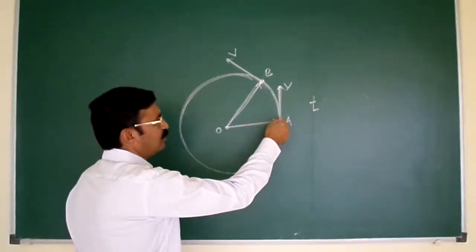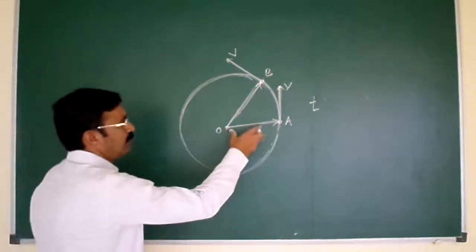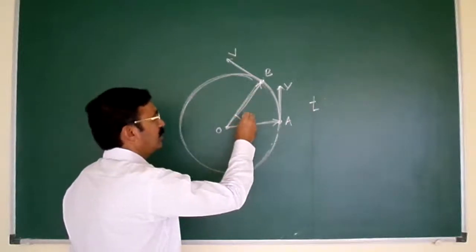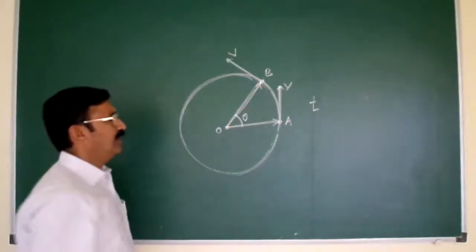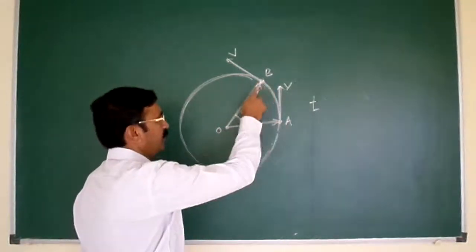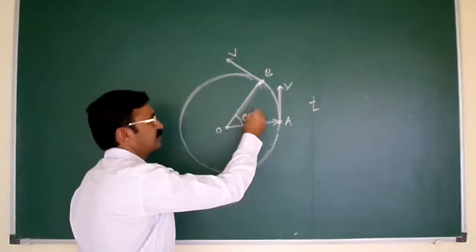As the particle moves from position A to position B, the two radius vectors inscribe an angle AOB. Let us measure this angle as theta.